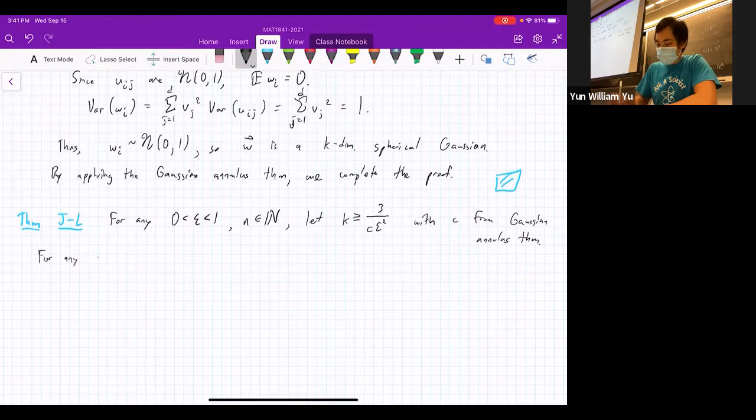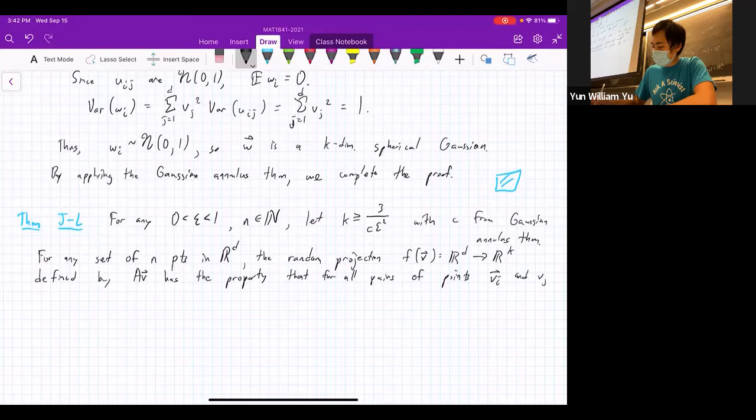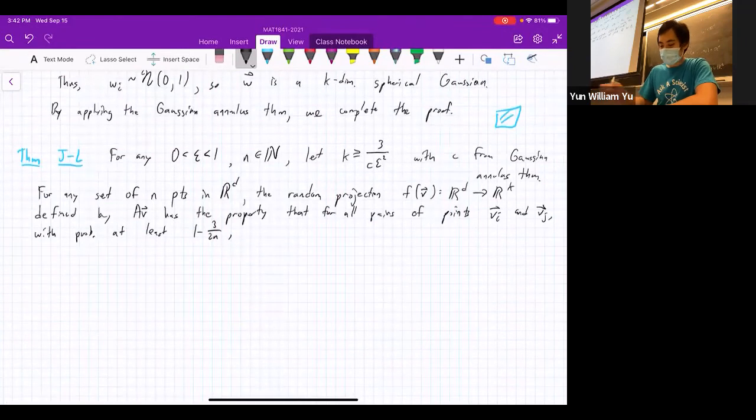Then, for any set of n points in our original d-dimensional space, the random projection, which takes points from R^d to R^k by multiplying by this matrix, has the property that for all pairs of points vi and vj, with probability at least 1 minus 3 over 2n, we know that the distances are preserved.